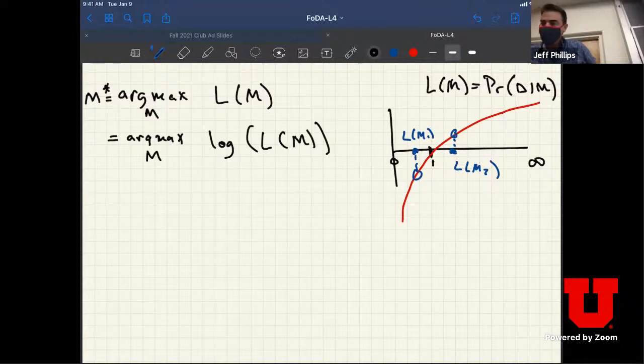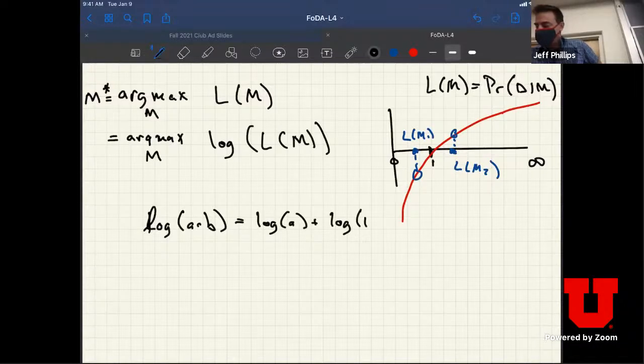There's a really important property, that the log of A times B is equal to the log of A plus the log of B. And we're going to assume our likelihood L of M is formed from independent observations.